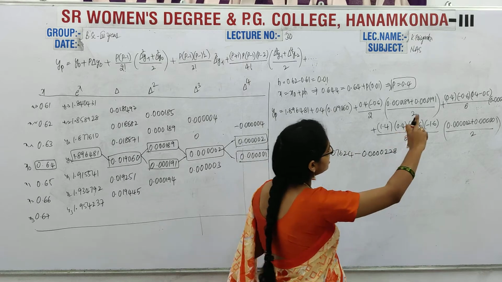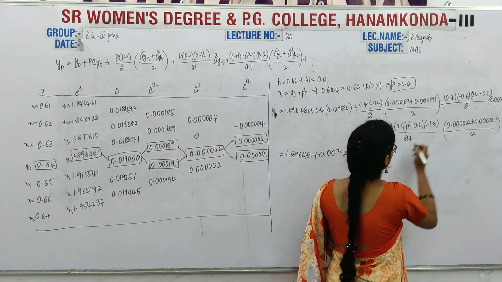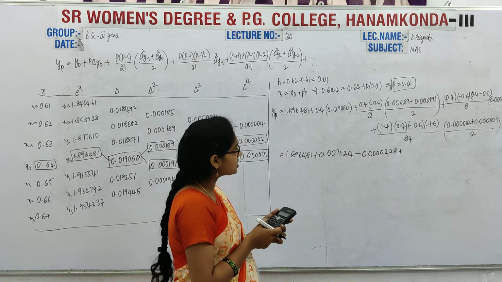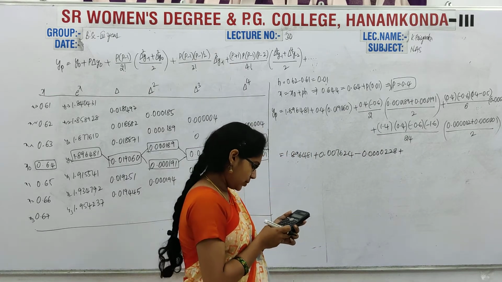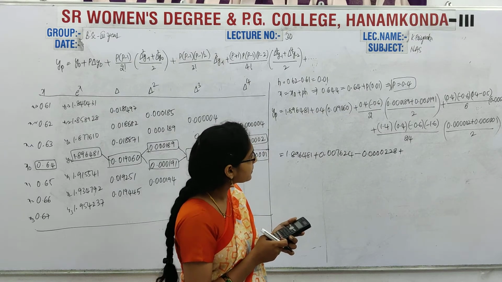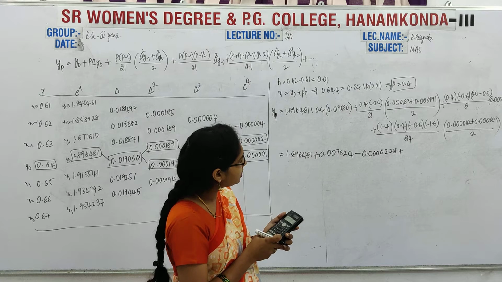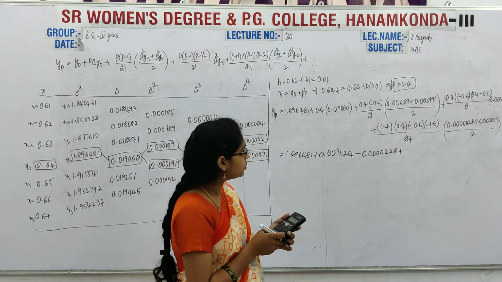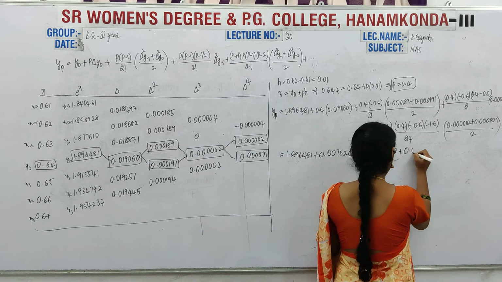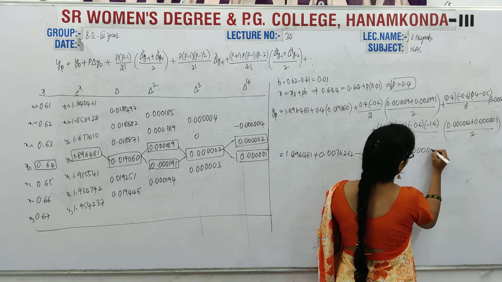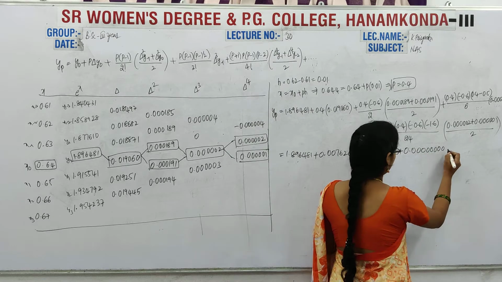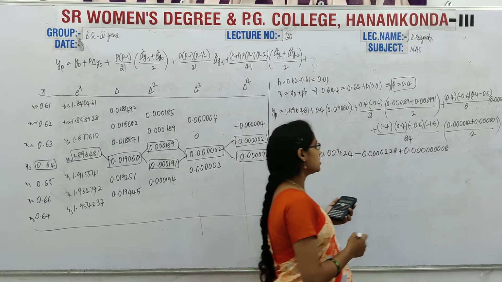Next, minus into minus gives plus: 0.4 into 0.6 into 0.1 divided by 6, into 0.000002, which is 0.00000008.